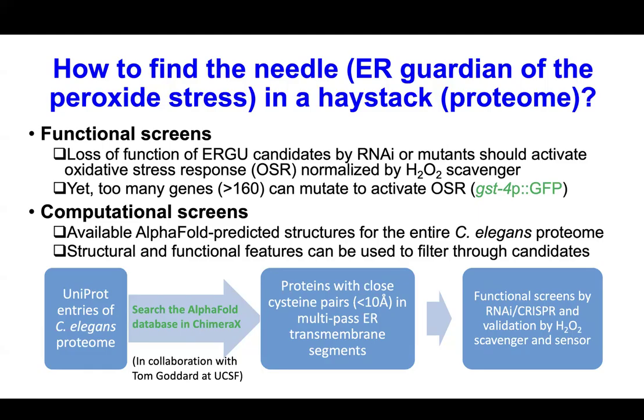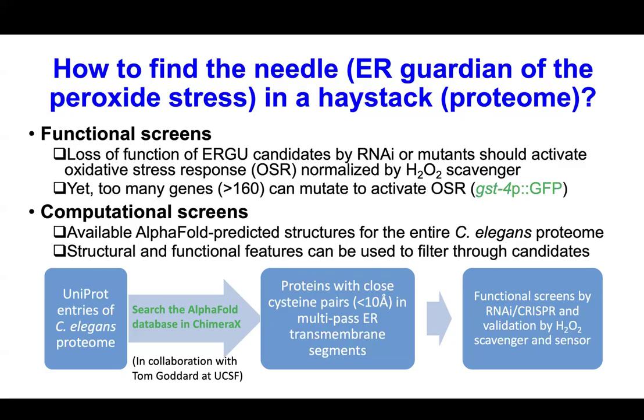elegans protein, and returned a list of the candidate protein in just a few days. And then we basically did the functional screen on top of that. The flow of the computational screen is basically just like what I said.